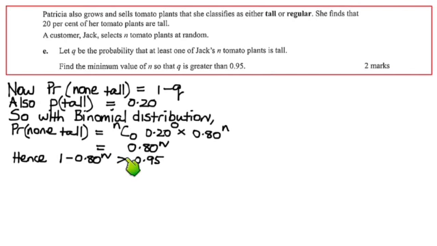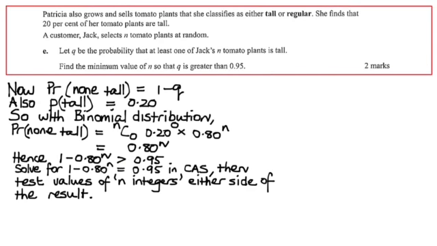I just solve it when it equals, with an equal sign here, and then I test either side of the decimal approximation value of n that I get. I test the nearest integer either side of the answer and I test which one's right. That's how I do them. I'll show you. So yes, we're solving for 1 minus 0.80 to the n equals 0.95 in the CAS, and then we test values of n integers either side of the result.